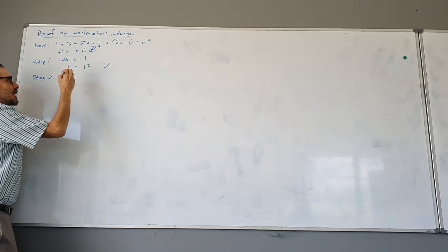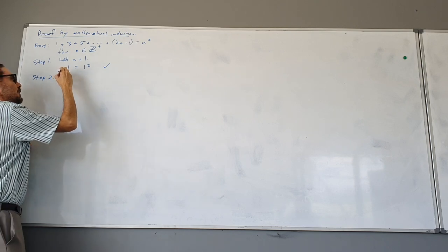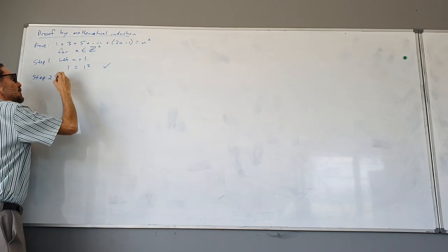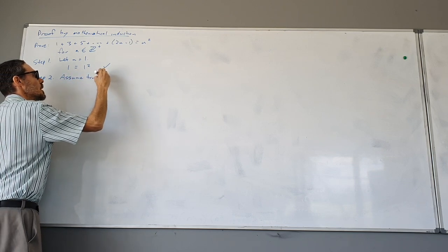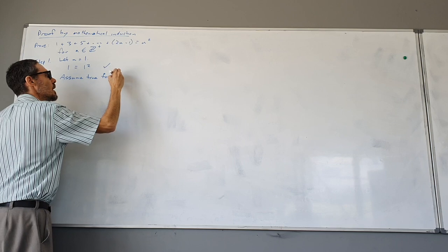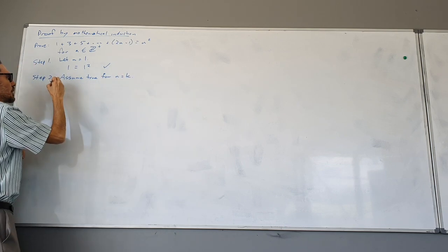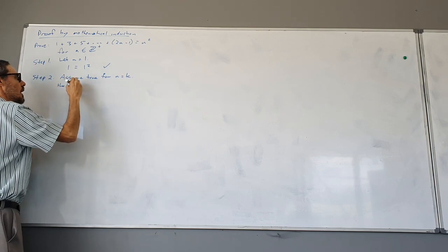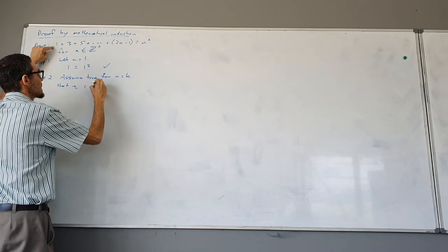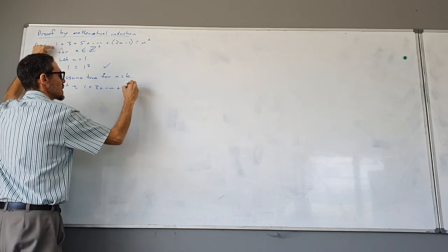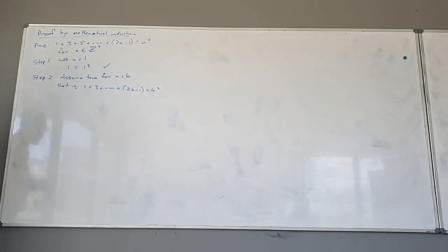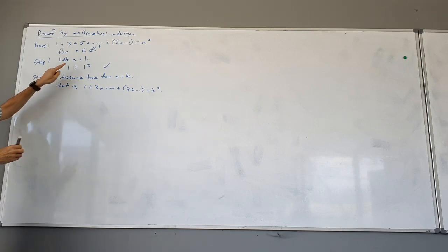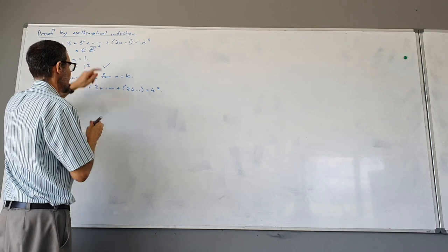You're going to say, assume true for n equals k. That is, 1 plus 3 plus up to 2k minus 1 equals k squared. Assume that's true for some k that is at least 1.